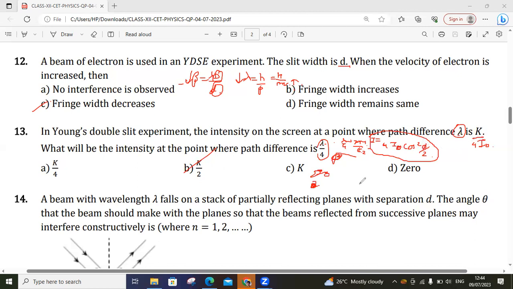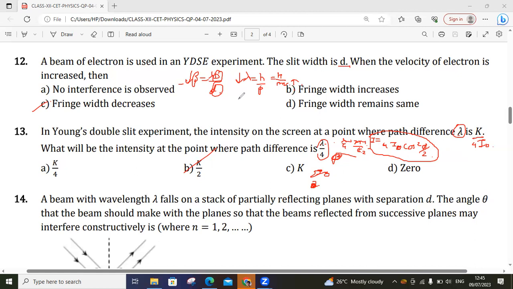That is the constructive interference case. And if it is lambda by 4, then phi is pi by 2. Pi by 2 by 2 is pi by 4. Cos pi by 4 is 1 by root 2, whole square is 1 by 2. 4 I naught into 1 by 2 is 2 I naught, which is k by 2. Right? This k is 4 I naught.